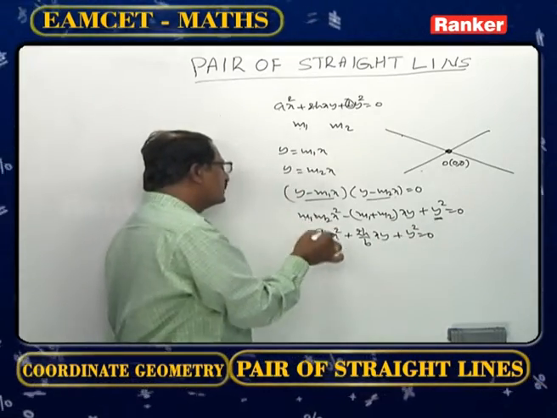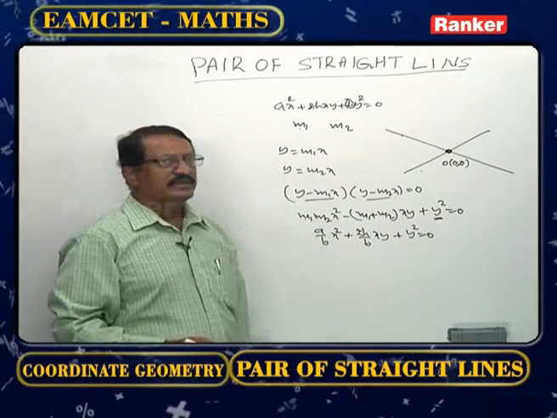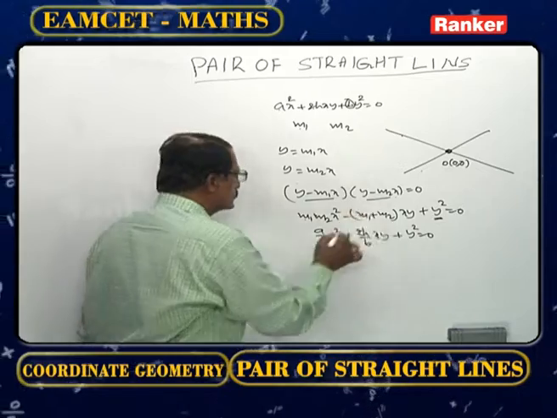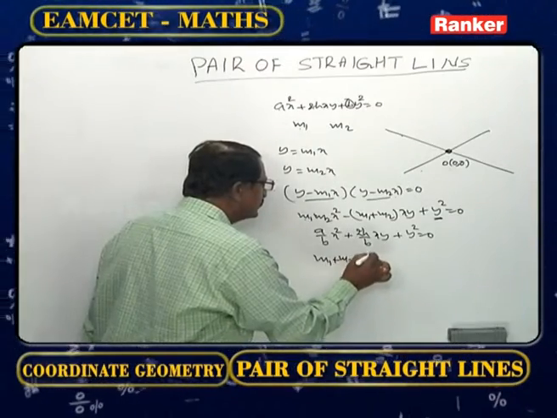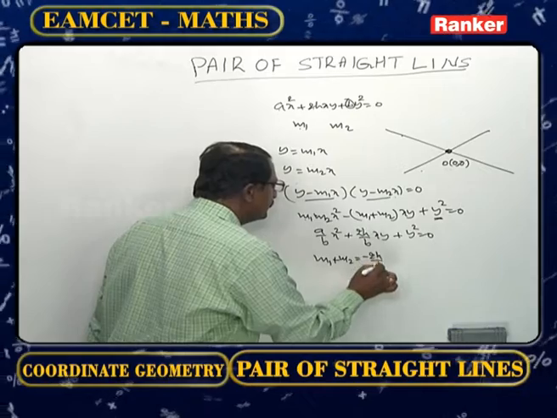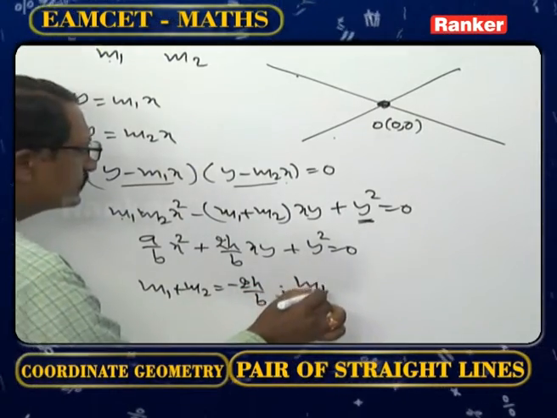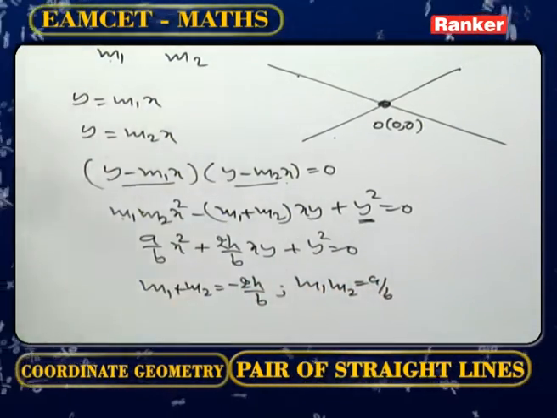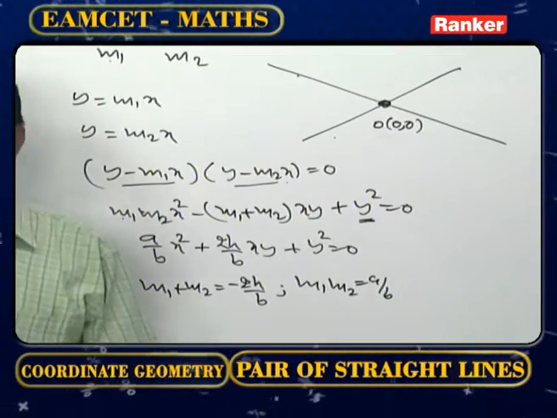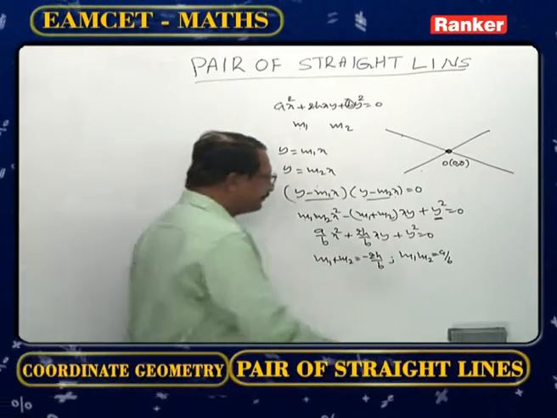Now equating the coefficients of x square and xy, the sum of slopes of the pair of lines m1 plus m2 equals minus 2h by b, and the product of slopes m1 m2 equals a by b.